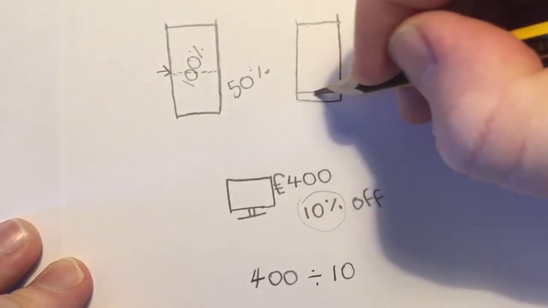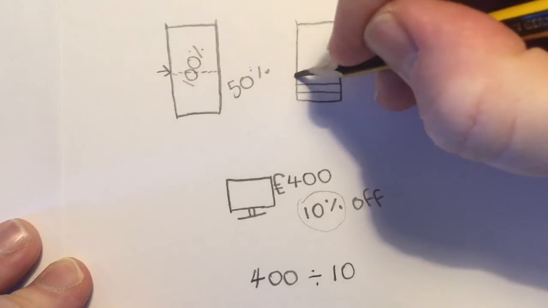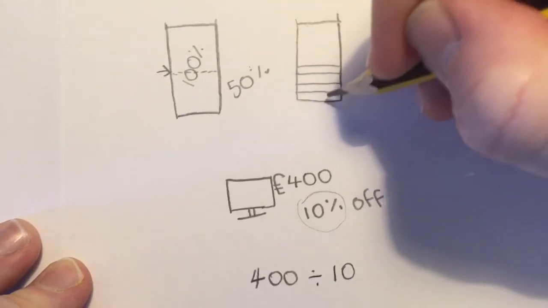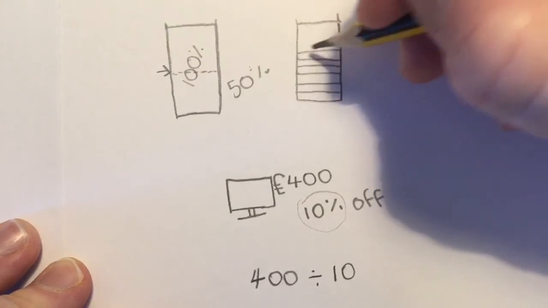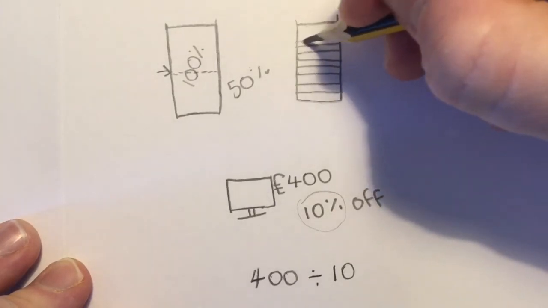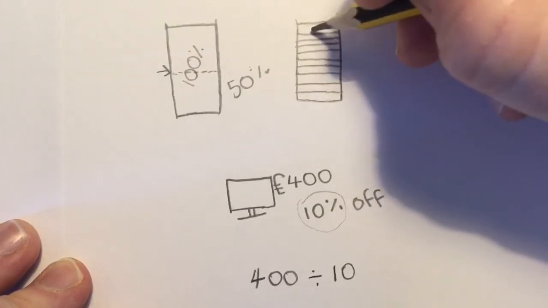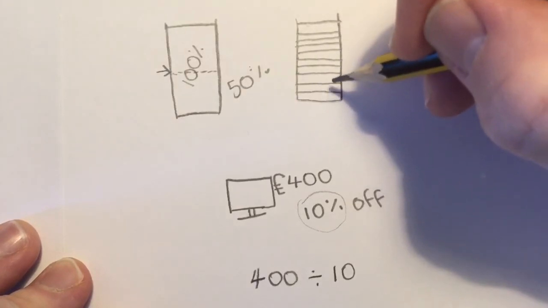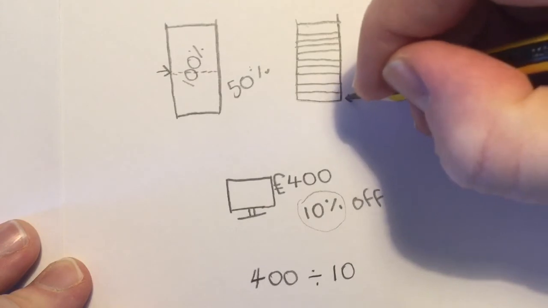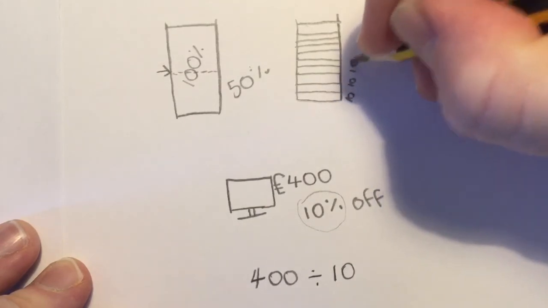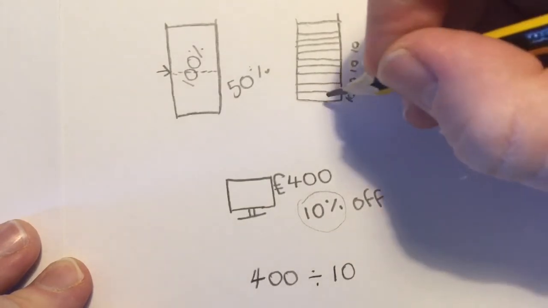And we're dividing it up into 10 parts. 1, 2, 3, 4, 5, 6, 7, 8, 9, 10. So we're dividing it up into 10 parts, and each one of those individual parts is going to be 10%.